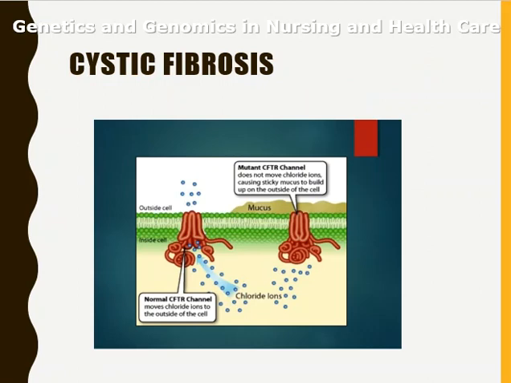Okay, here's a picture of that. On the left-hand side, you've got the normal CFTR channel, which allows the movement of chloride ions to the outside of the cell. And then over to the right, you've got a mutant channel, which does not move chloride ions, and that causes that sticky mucus to build up on the outside of the cell.